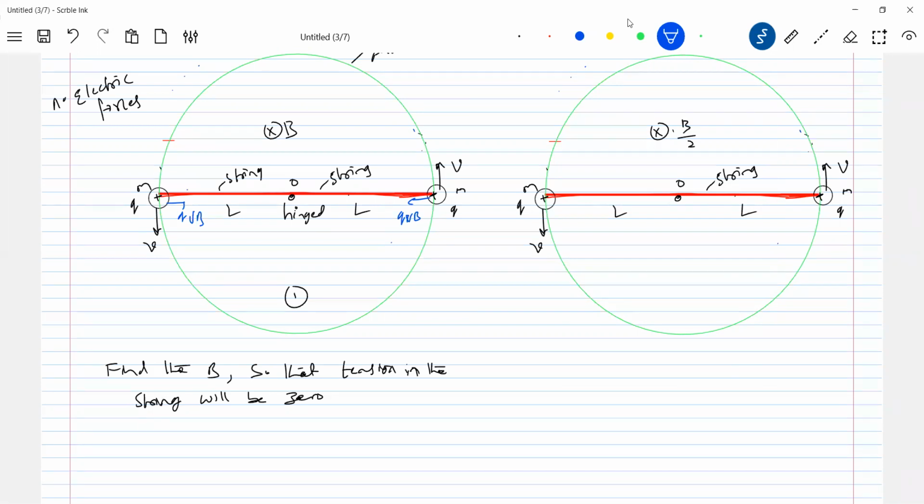He himself is asking that tension must be 0. Therefore, shall we assume QVB equal to mv square by L? The magnetic field equals mv by QL. So this is the magnetic field strength.